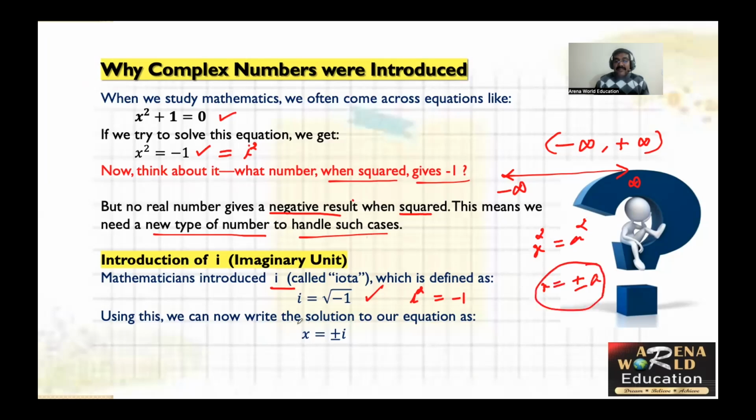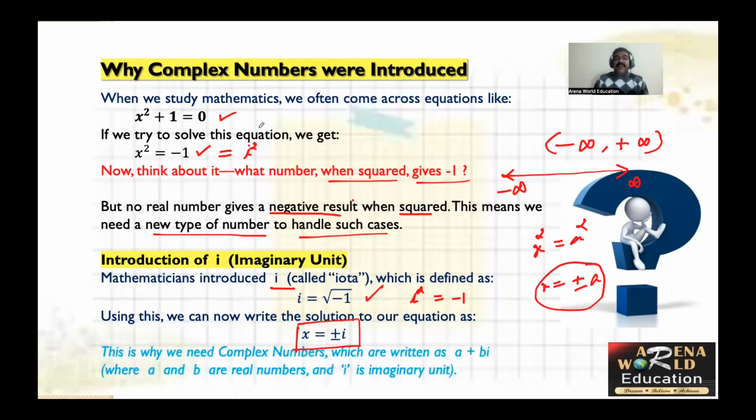So here, the value of x will be x is equal to plus minus iota, right? So this is the reason why complex numbers were introduced. And a complex number is written as, this is the standard notation of a complex number, a plus b iota, where a and b are real numbers and iota we have already discussed. This is an imaginary unit.